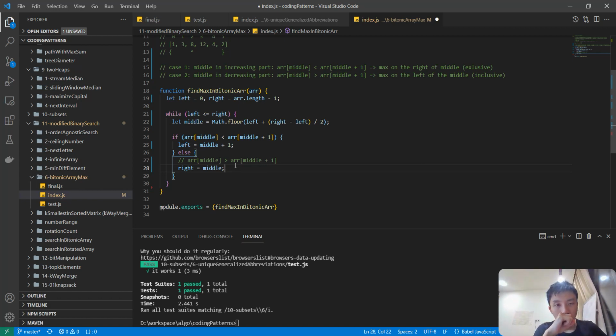Okay, so probably here we want to exit when left equals right, right? When left equals right, the middle is also equal to left and right.